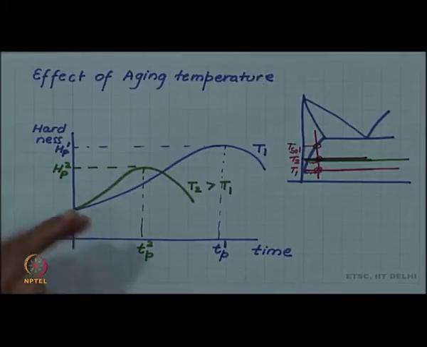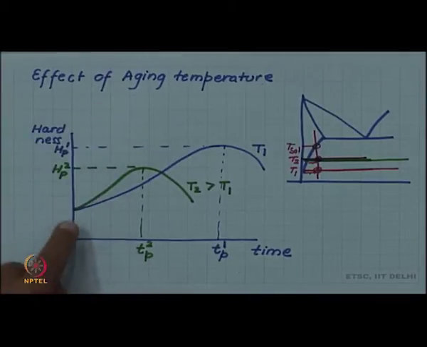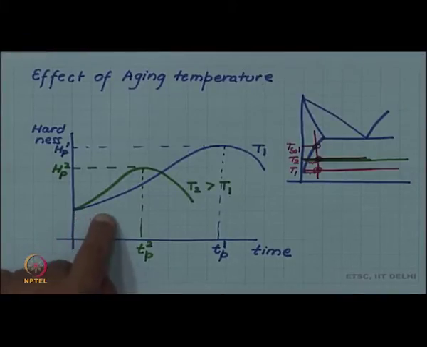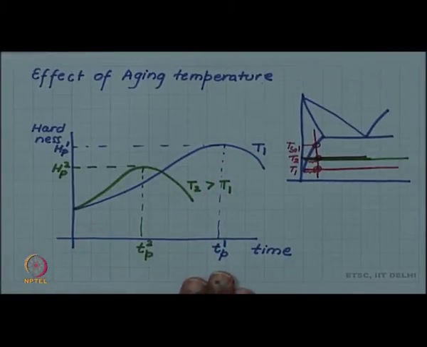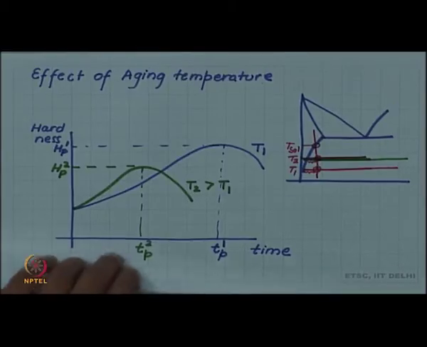And if you try to achieve too much hardness, then you will have to do it at a much lower temperature, where the time for hardness achievement will be much larger. So, you can optimize the two parameters so that you have a reasonable hardness in a reasonable time.